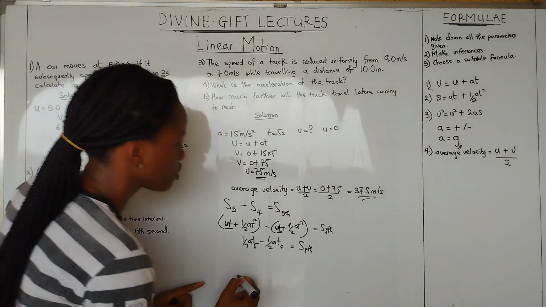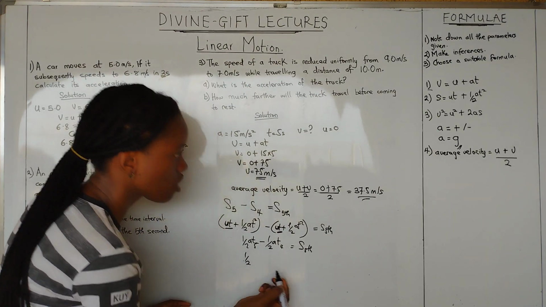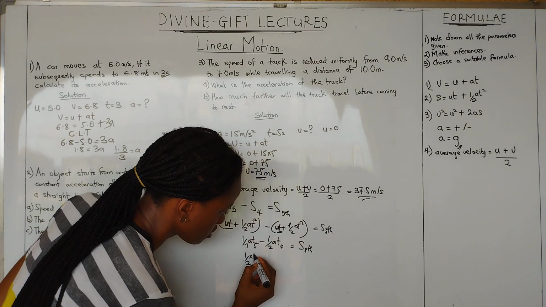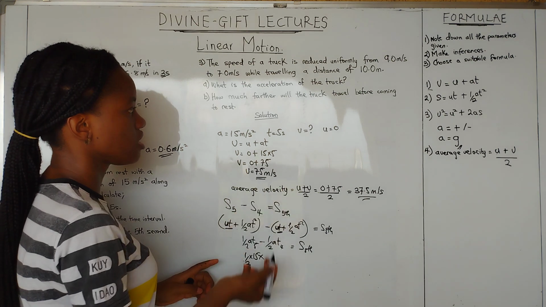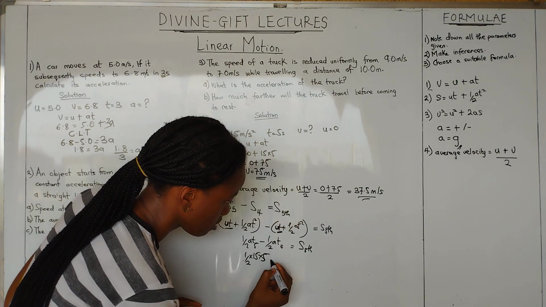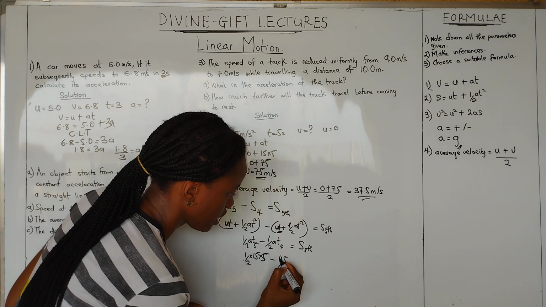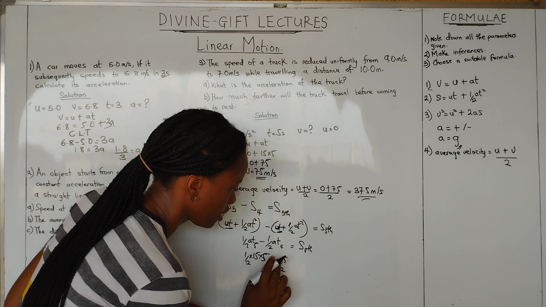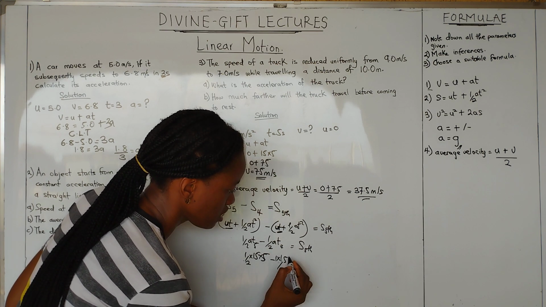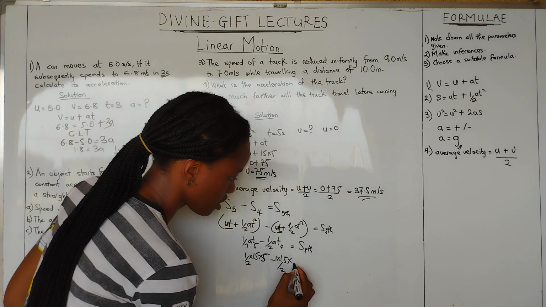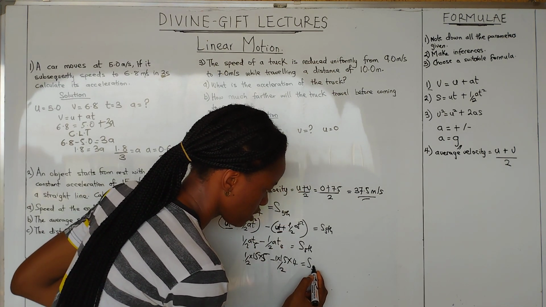Okay, so now we are going to put in our values and solve. A is 15, times t is 5, minus half of 15 times 4 seconds.